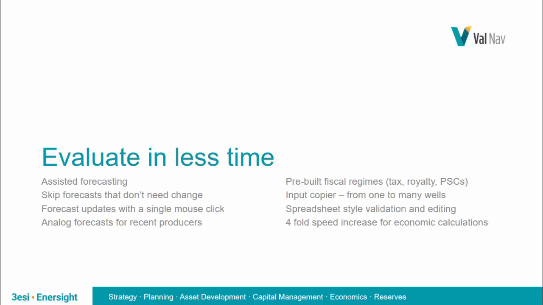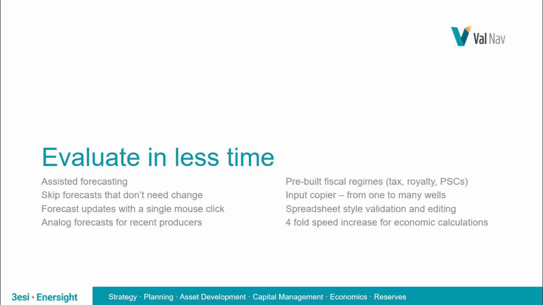In subsequent slides, I'm going to show you assisted forecasting, how we can skip looking at wells that we don't need to look at, and how we can update our forecasts very quickly. I'm going to focus on the last bullet on this slide.